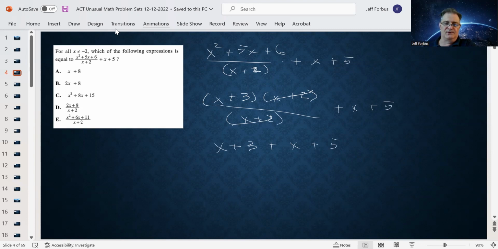We have 2 x's, and we have a 3 and a 5. So they end up being added together to give us a total of 8. So now what we started with at the top of the screen, we have simplified into what we have at the bottom of the screen, 2x plus 8. Therefore, our answer choice is B.